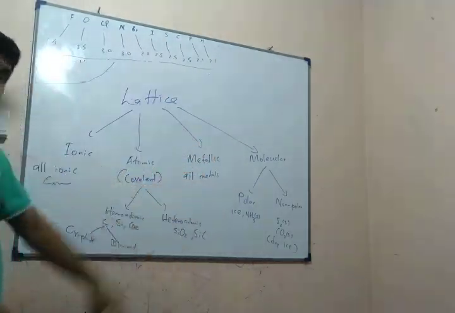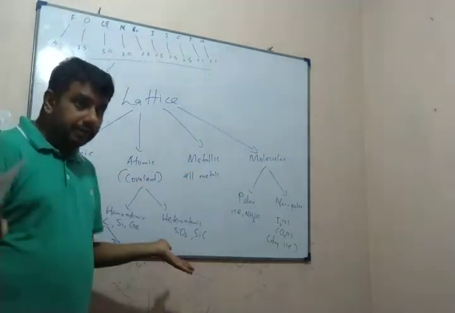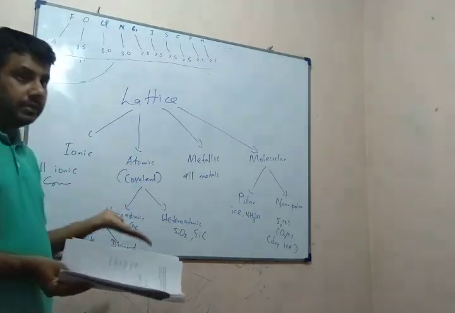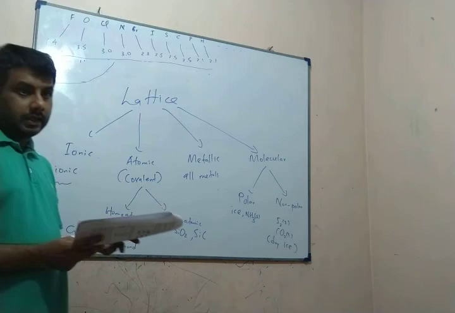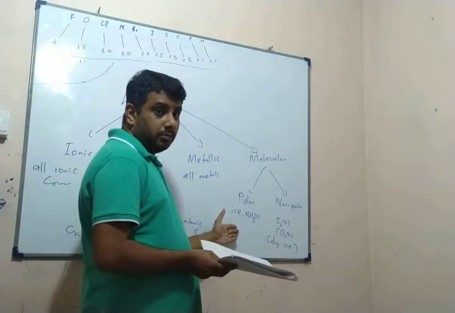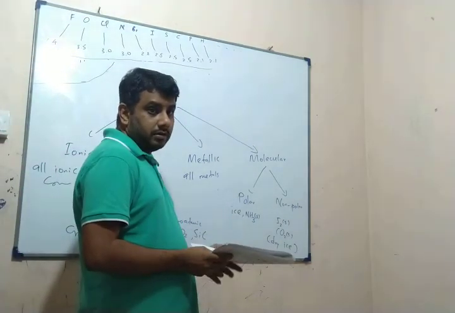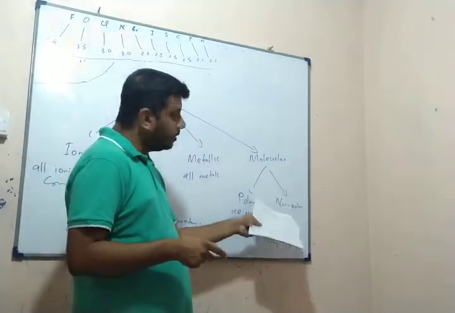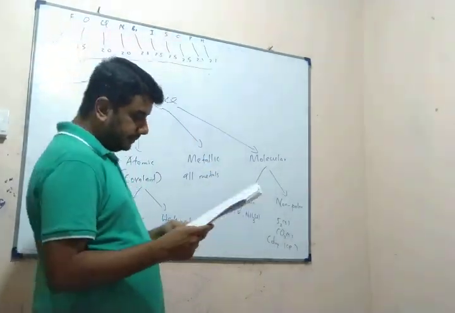Melting point and boiling point depend on the type of interaction. For these, the interaction is primary, very strong, and for those, secondary. Polar molecular lattice has two types of attraction, dipole and London. Here only London.